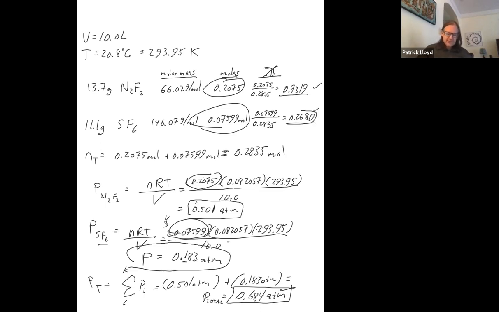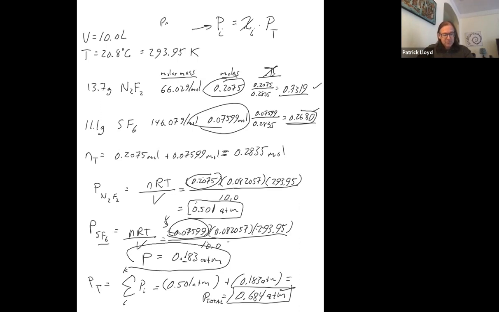And then technically I didn't have to use the mole fraction here, right? There is a way to do this problem where you actually do use the mole fraction, but the way they set this up, there's really no need to. Typically the mole fraction works like this: you take the total pressure, you calculate the mole fraction, and that gives you the partial pressure.